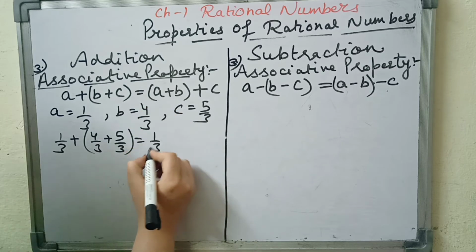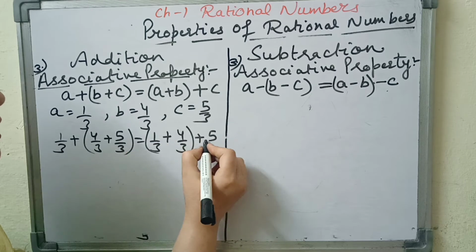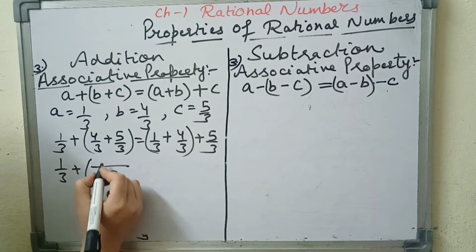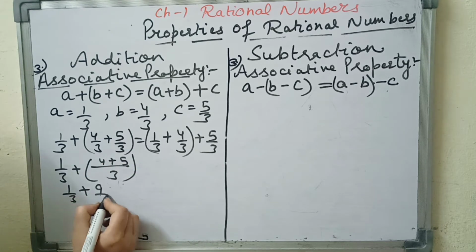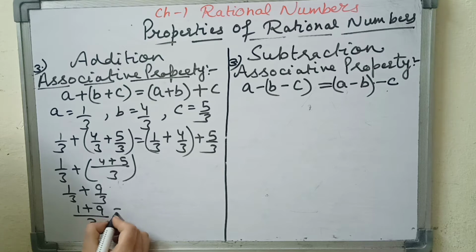A again 1 over 3 plus B 4 over 3 plus C 5 over 3. First of all, I will solve this bracket by taking LCM. 4 plus 5, you will get 9 over 3. Again, you will take the LCM as the denominator is the same. I will get 3 here and 1 plus 9 and its answer is 10 over 3.